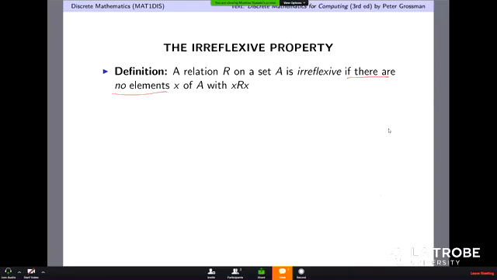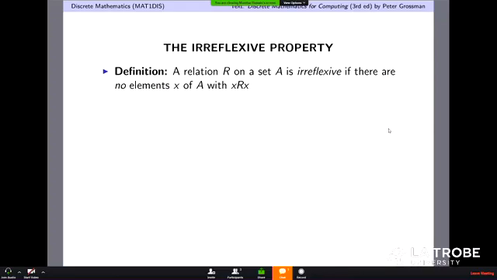Most often it happens that if you have a property which is not reflexive, then that is irreflexive. But it is possible that both of them are not true. So here we are talking about no elements, there we're talking for all. There is a possibility that for some of them it is true and not true for all. Okay? Right.